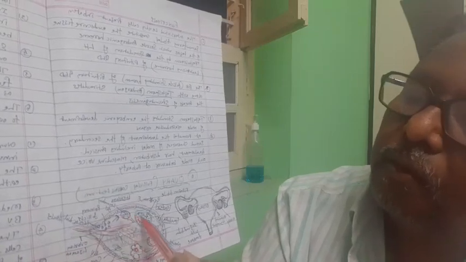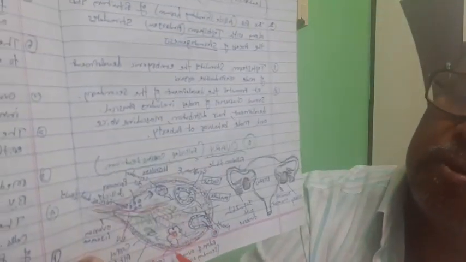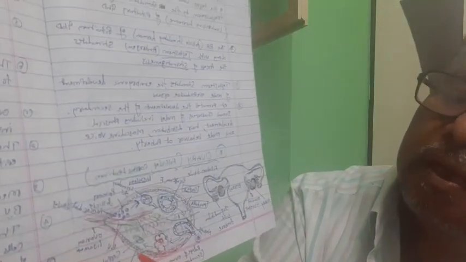When we take the section of the ovary, you can see the development of the oocyte, the development of the ovum, starting from the primary follicles, secondary follicles, then the Graafian follicle, and the release of the ovum here, and formation of the corpus luteum, which then degenerates into the corpus albicans.